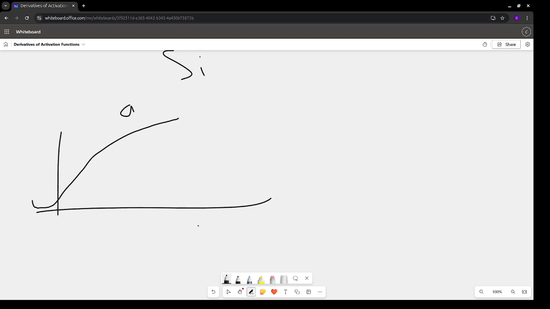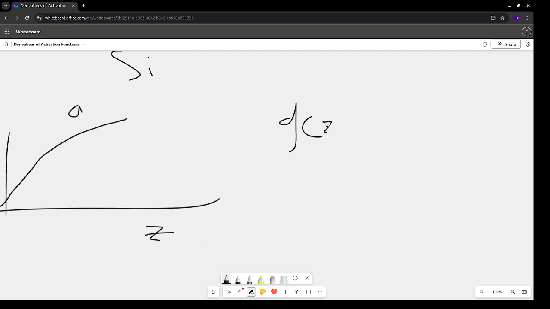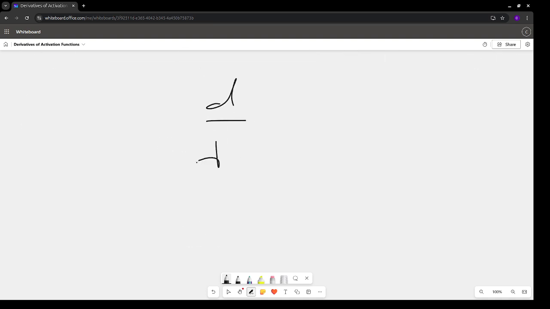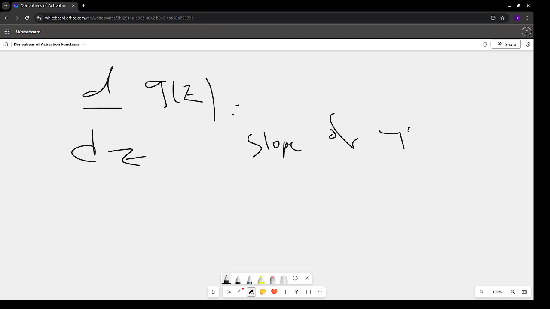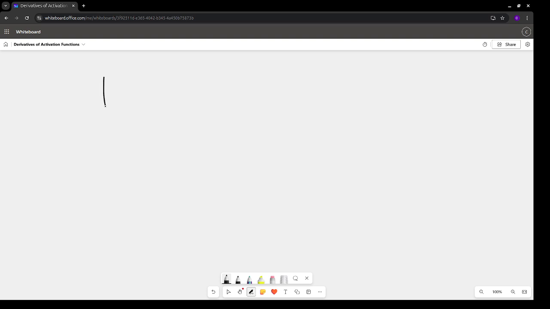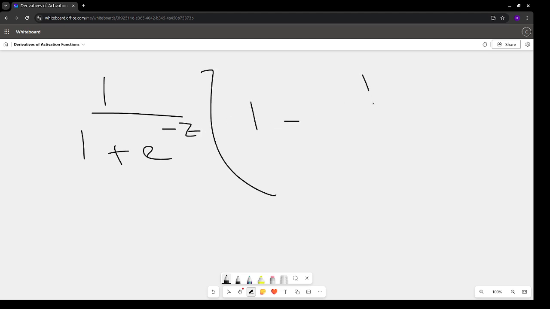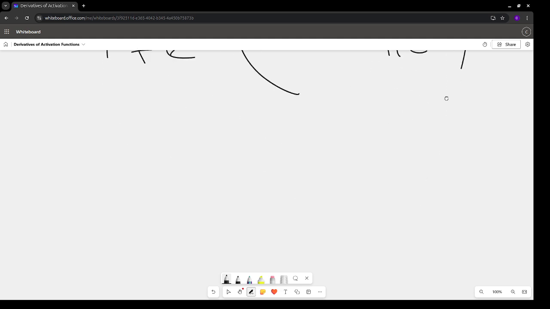Where this is A and this is Z, and G of Z will be 1 upon 1 plus e to the negative Z. So the slope of G at Z, which means we can write it as 1 upon 1 plus e to the minus Z times 1 minus 1 upon 1 plus e raised to negative Z. And that's what it means.